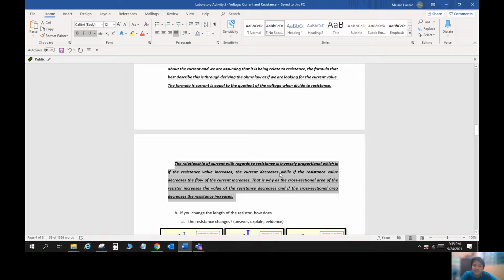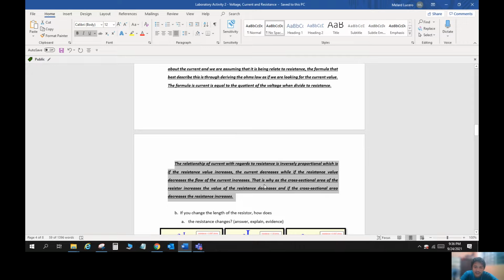So habang tumataas yung resistance natin, bumababa naman yung ating current. That is what inverse relationship means. So inversely, habang bumababa ang ating resistance value, tumataas naman ang ating current.